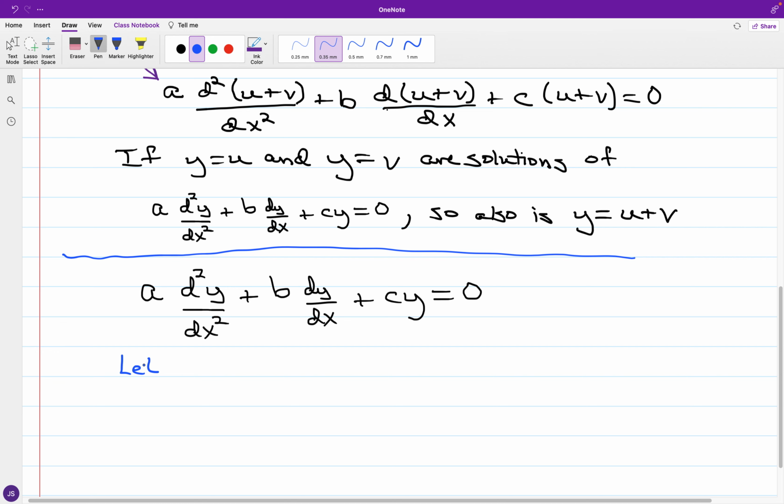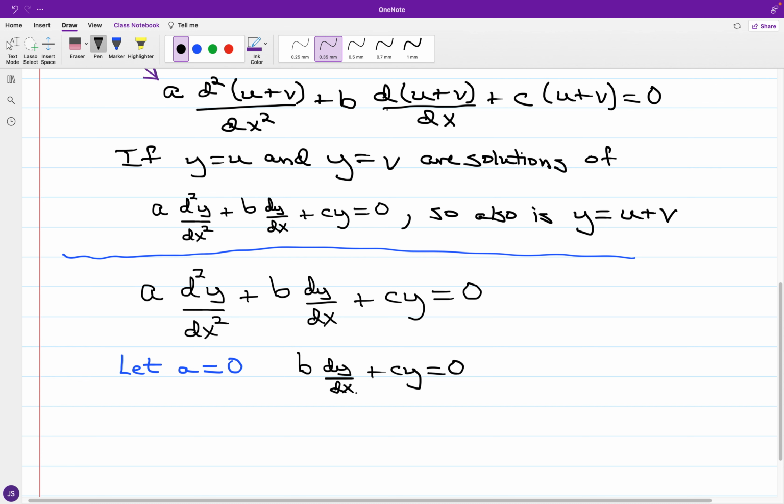Okay, so let's say that if I have momentarily that a is equal to 0, well, this homogeneous second order differential equation is going to be first order, where I would have b dy over dx plus cy is equal to 0.